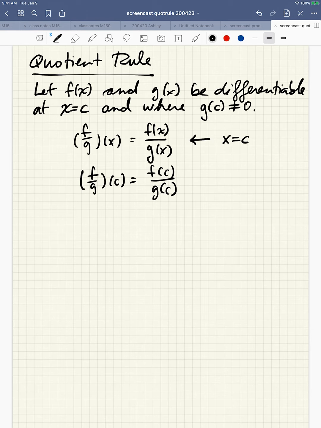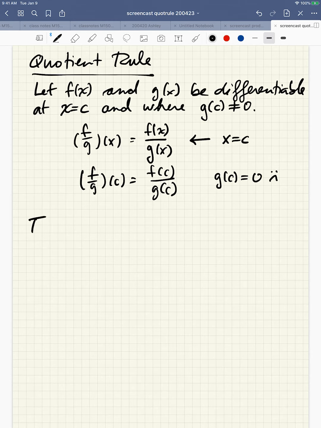So division by 0 would be bad. So that's why we have that additional assumption there that g of c is not equal to 0.